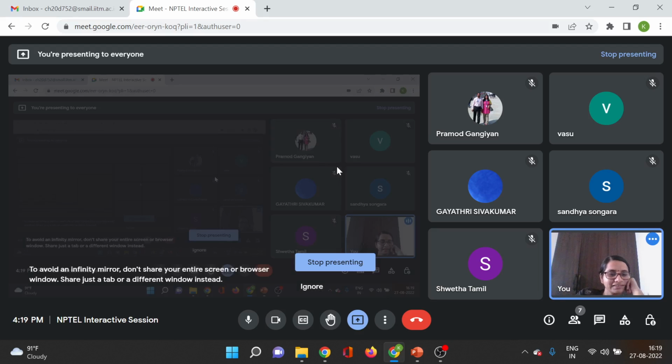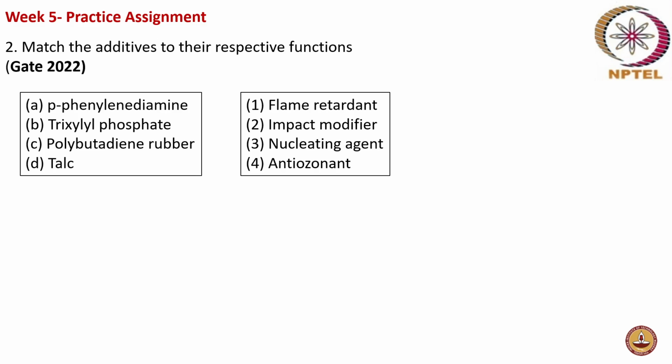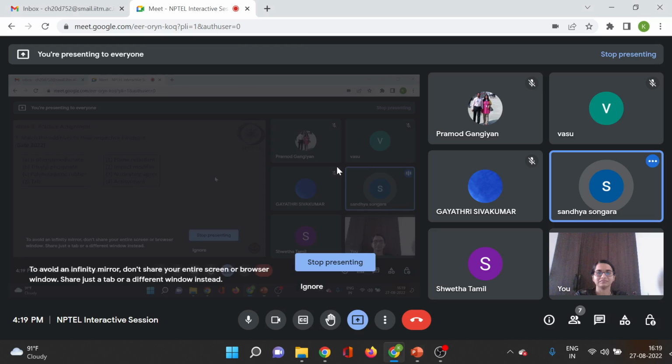Someone wants to try? What do you think of rubber? Anti-ozonant. Is it anti-ozonant? Does it prevent ozone? No, no, ma'am. Rubber is impact modifier. I think it is correct.